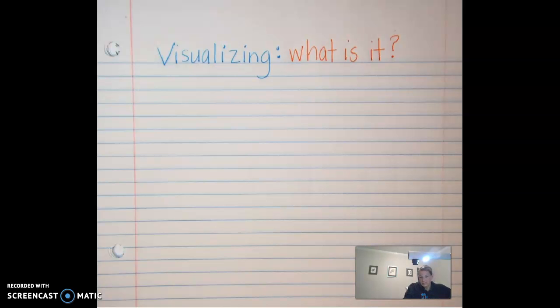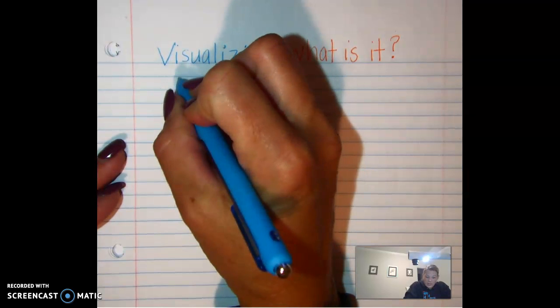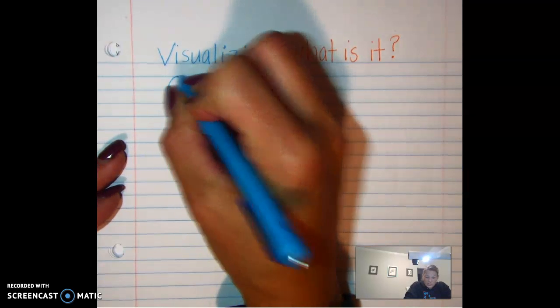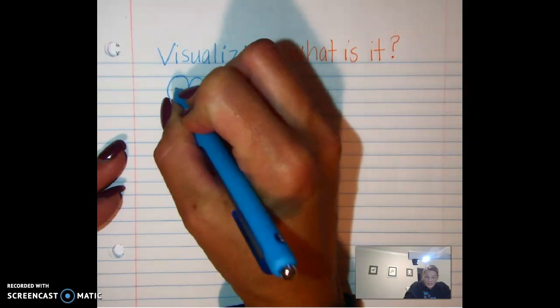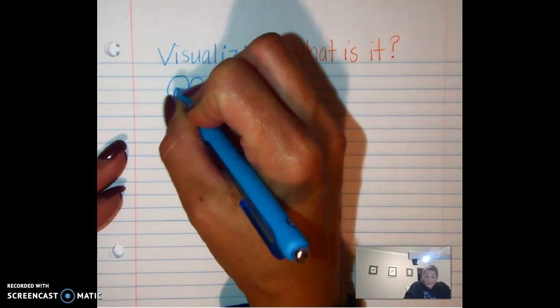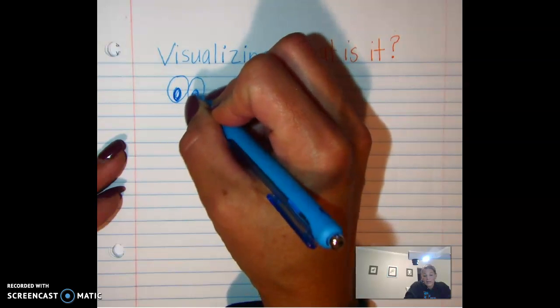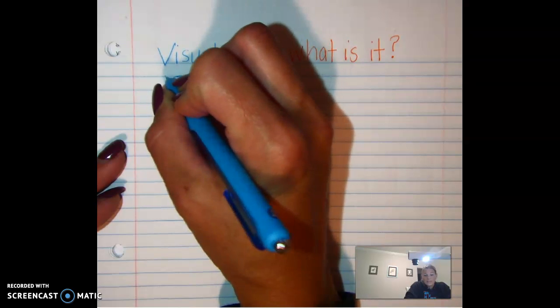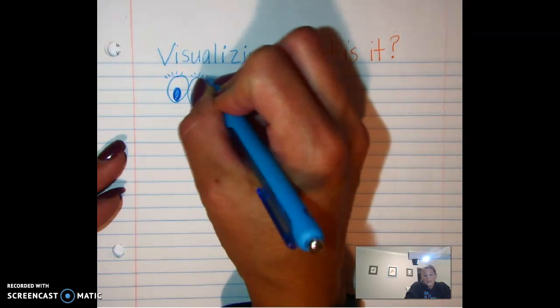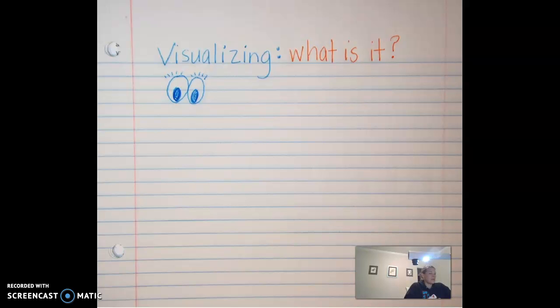So visualizing, what even is visualizing? When I say the word visualize, you should kind of hear that word vision. And we know that vision means what we see. I'm going to draw some little eyeballs here. What I can see. The difference is we're talking about not what we actually see like in a photograph, but what we see in our mind as we read.